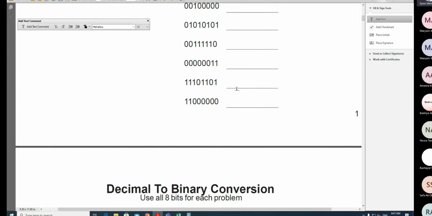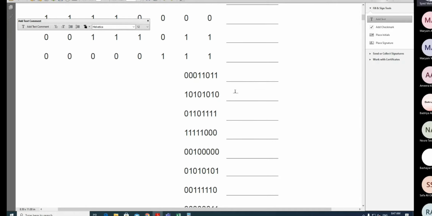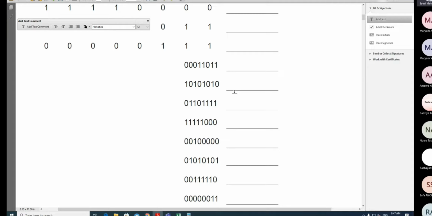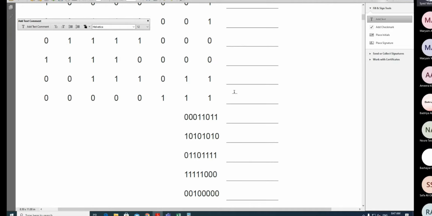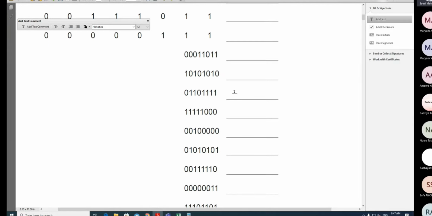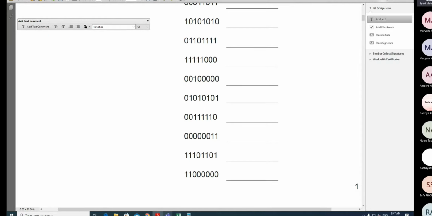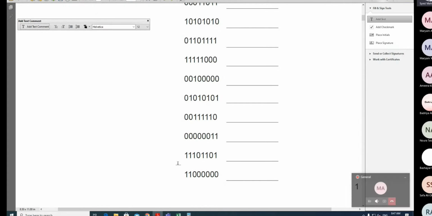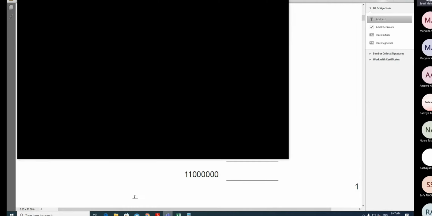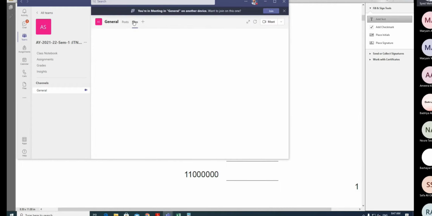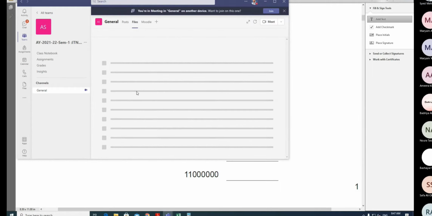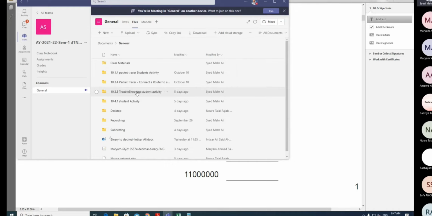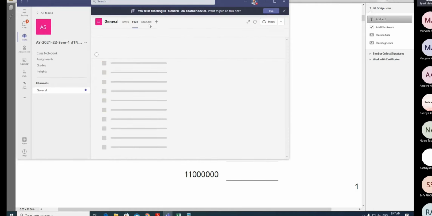I hope all the students have completed this conversions workbook. Please, have you completed? How many students have not yet completed? Please complete it today, otherwise you will be in trouble, because you will not understand a single subnetting problem.